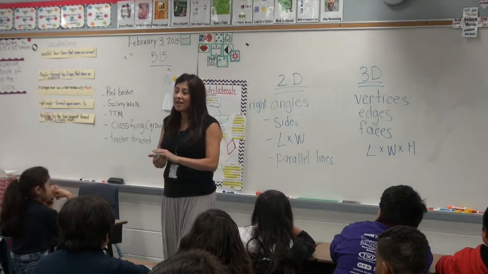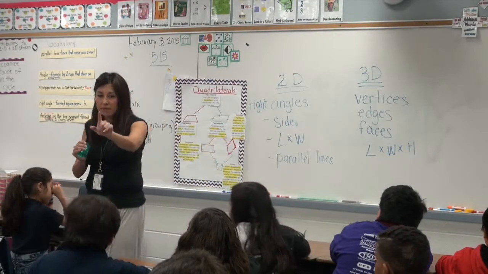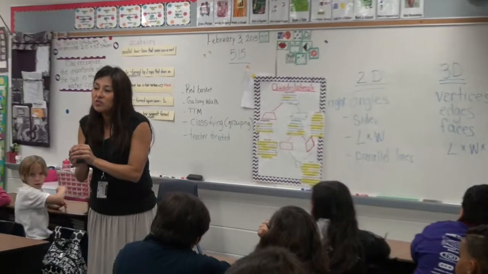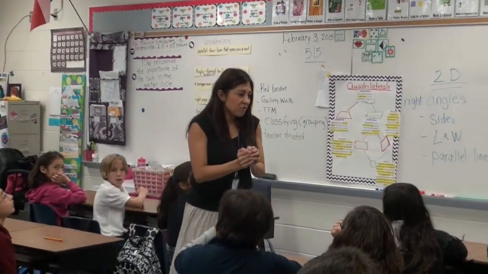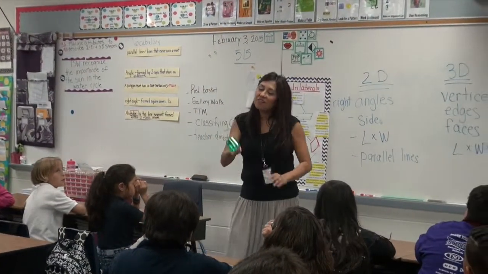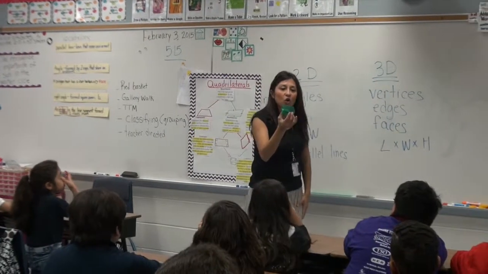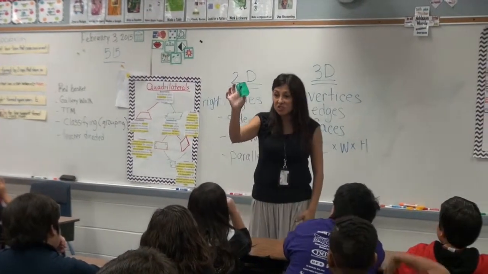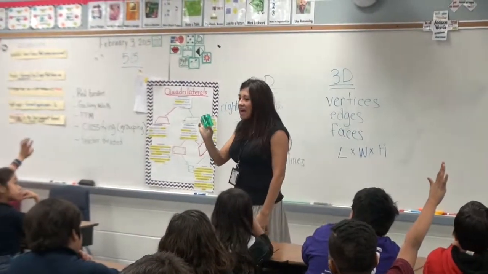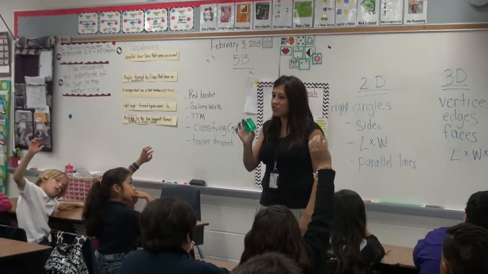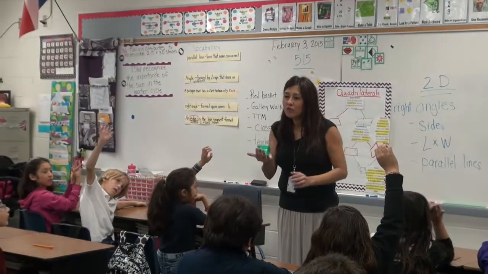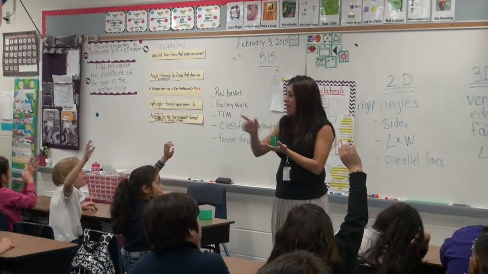You know what? Speaking of that, there's a misconception. Give me a second, Taylor. When you do this today, a lot of third graders get confused with this. They're going to ask you, how many curved surfaces does this shape have? There's a lot of misunderstandings about that question. Kevin? One.